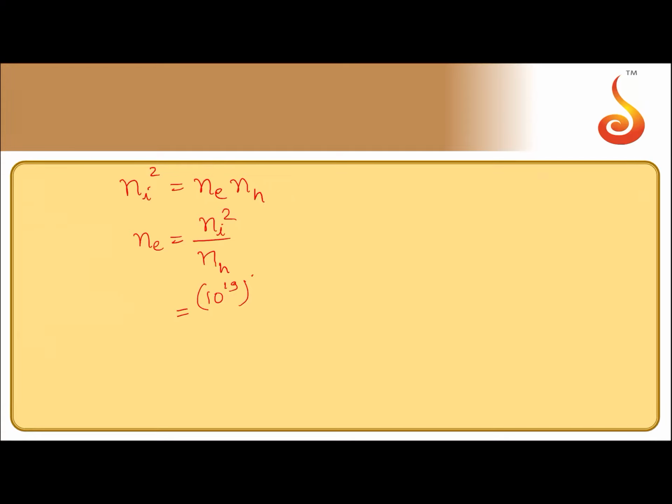So it is 10 to the power 19 square divided by hole concentration, which is 10 to the power 21. So this turns out to be 10 to the power 38 divided by 10 to the power 21. So that should be 10 to the power 17 per meter cube. This should be electron concentration.